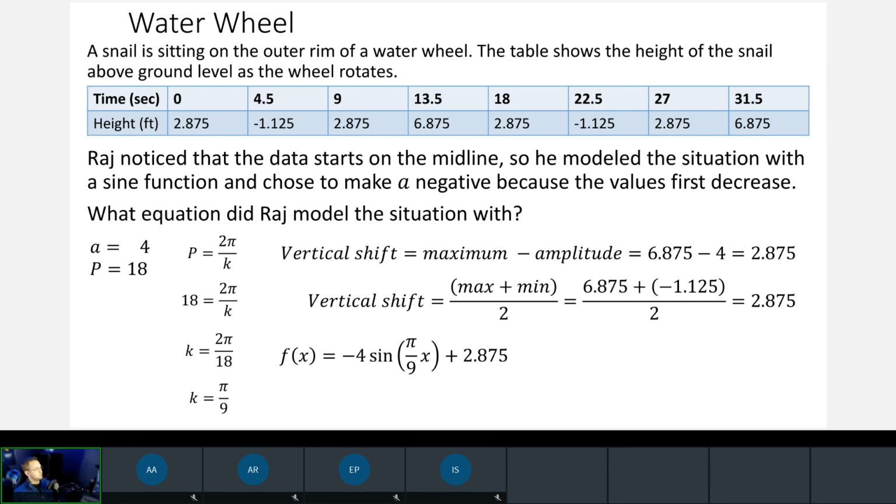So if x equals 0, we get 2.875, we're good. We do? Okay, good. Then we don't have to worry about phase shift. Whew, dodged a bullet.